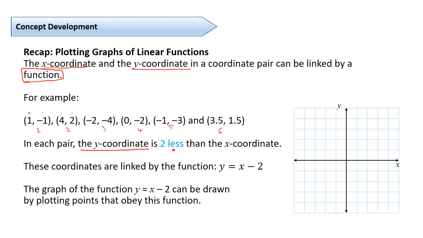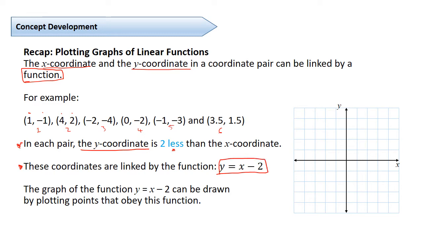So all of these coordinate pairs follow that rule, that in each pair, the y-coordinate is 2 less than the x-coordinate. So that tells us something about how those coordinates are linked. Specifically, these coordinates are linked by the function y equals x take 2.